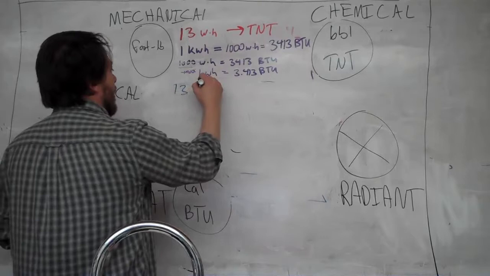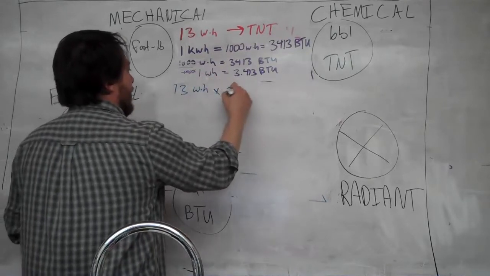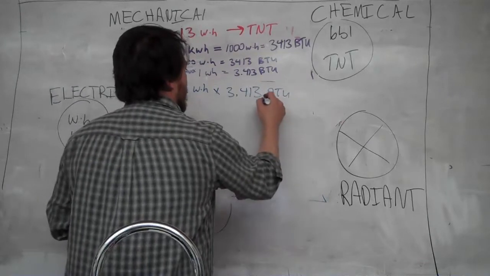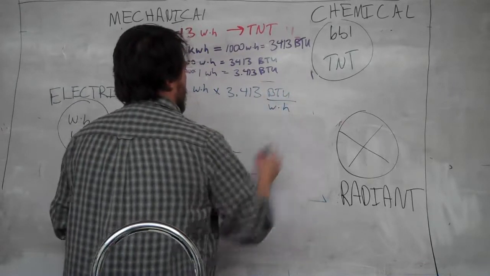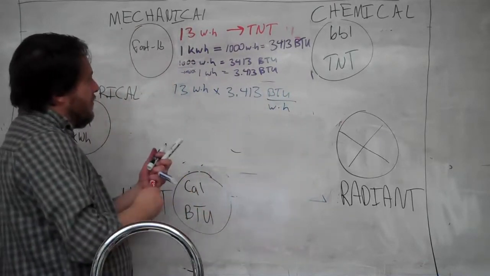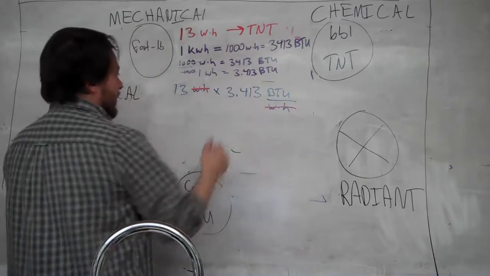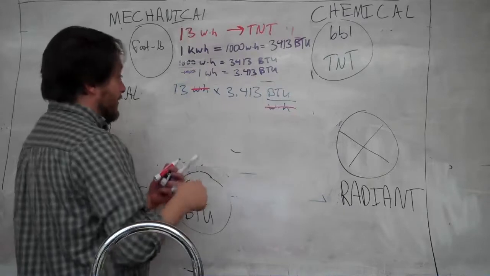13 watt hours times 3.413 BTU per watt hour. Again, watt hour as a unit will cancel out because it's over itself.